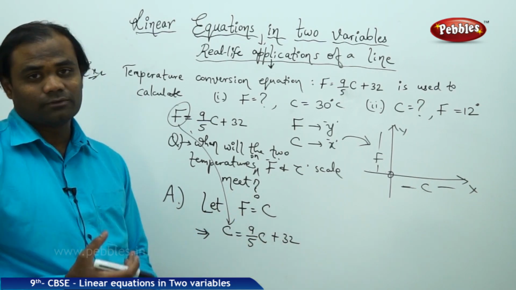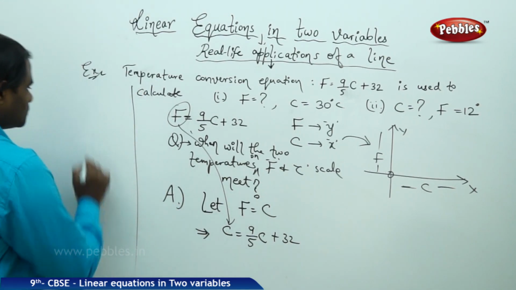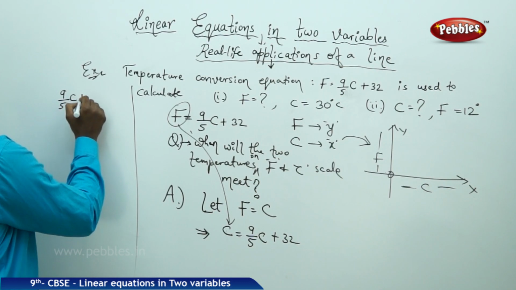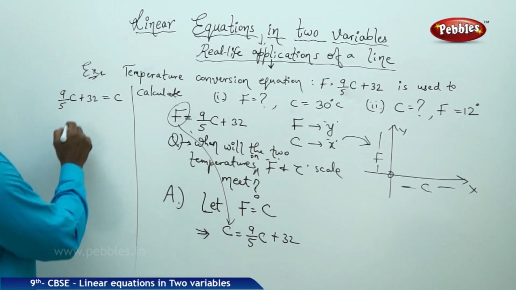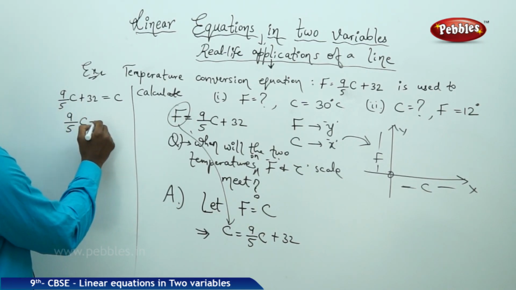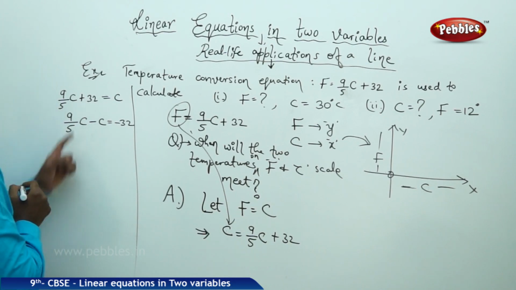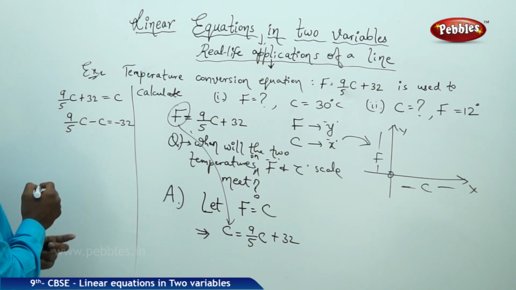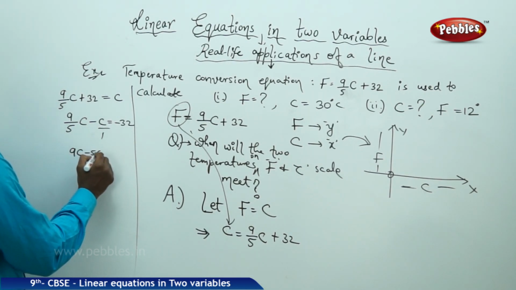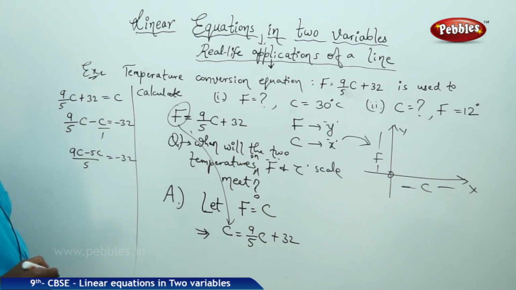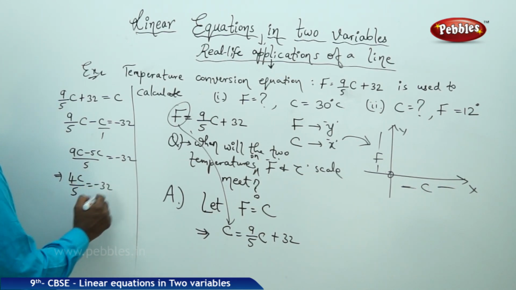Now let's find the value of C by taking all C terms to the left. So here I get 9 by 5 times C plus 32 is equal to C, which on further simplification gives 9 by 5 C minus C equals negative 32. 32 comes to the right as minus 32, C goes to the left as minus C. So taking the LCM, we get 4C by 5 is minus 32.